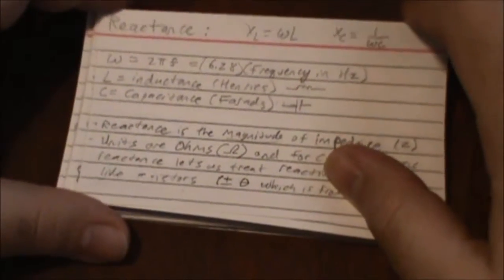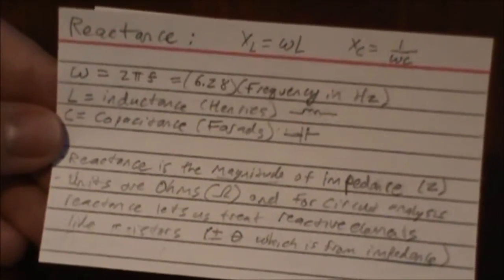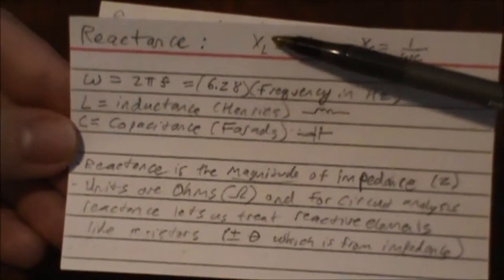Alright, continuing our series. Reactance is a property of coils and capacitors. They're signified by this X here. X is reactance.